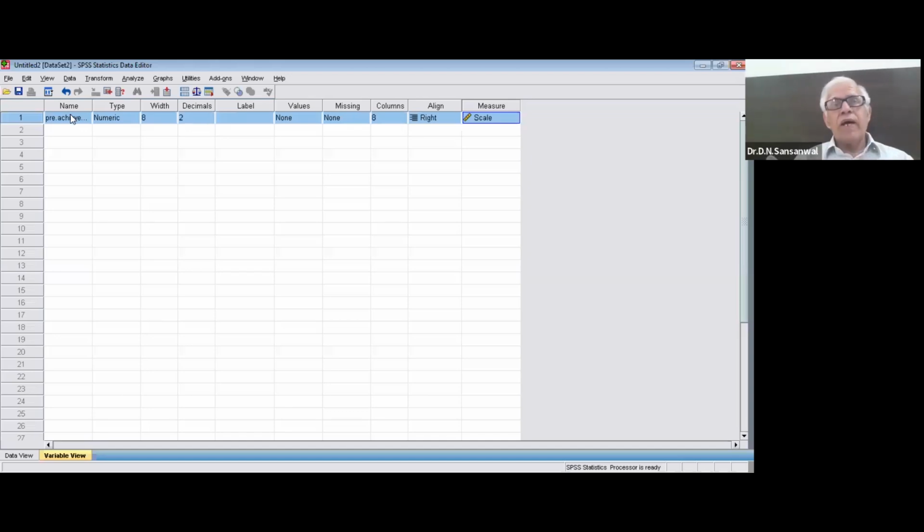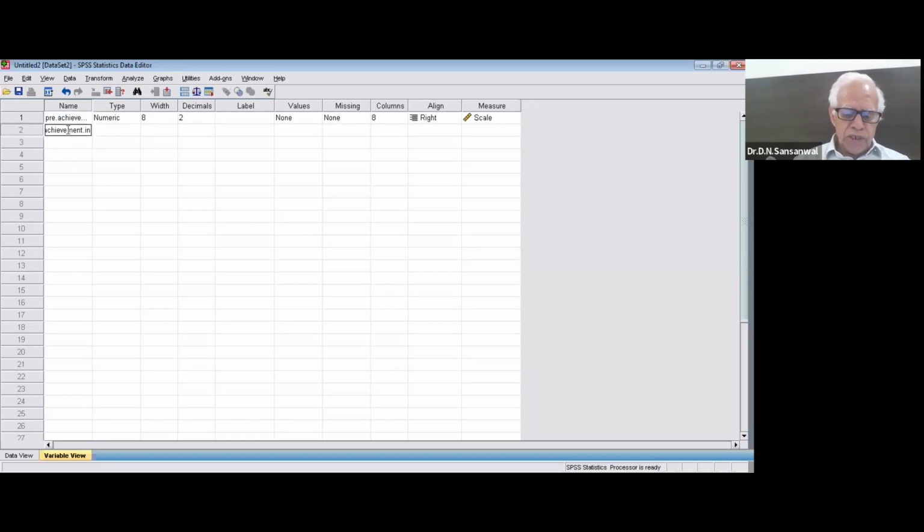So this is the one variable, and another variable is post dot achievement dot in dot. If you will not put the dot, then it will say, you know what will be the message.